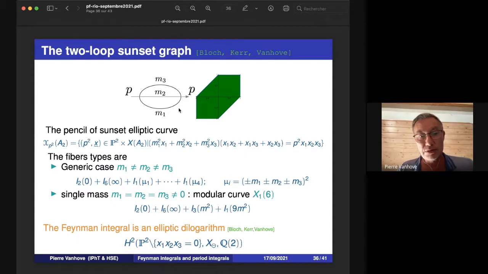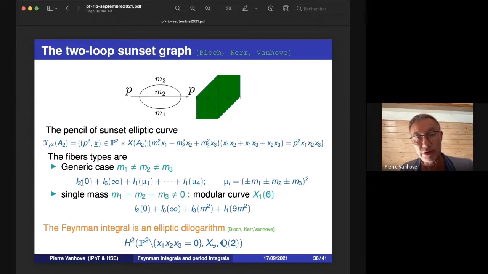So the case n equal 3 is a starting point; the case n equal 2 is not very interesting. For n equal 3, the vanishing locus is this elliptic curve, and you get a pencil of elliptic curves when p square varies.